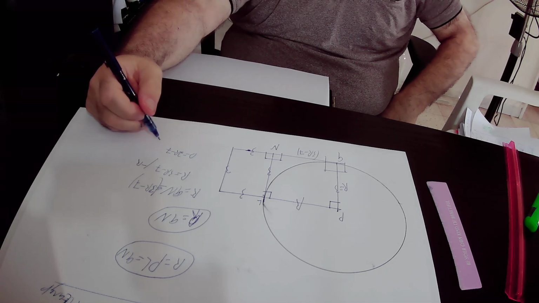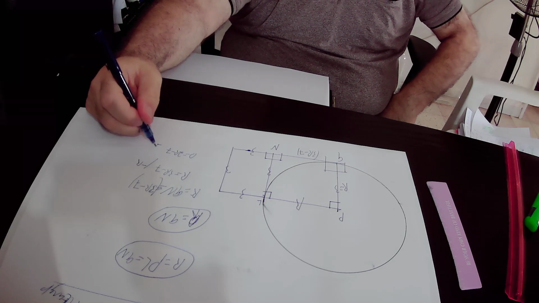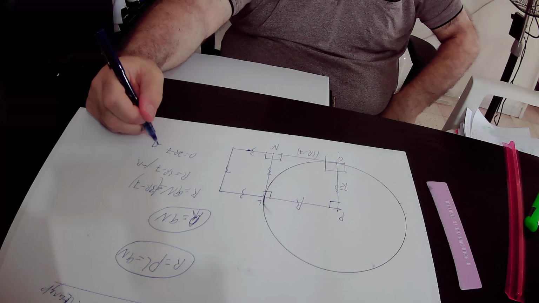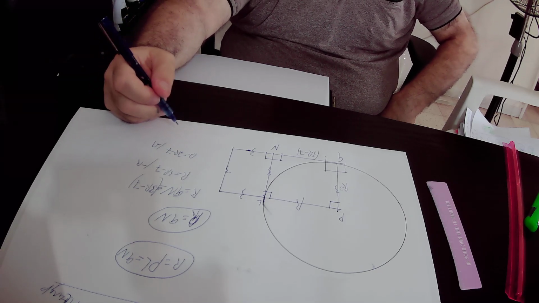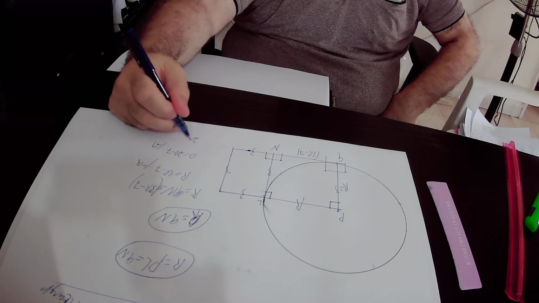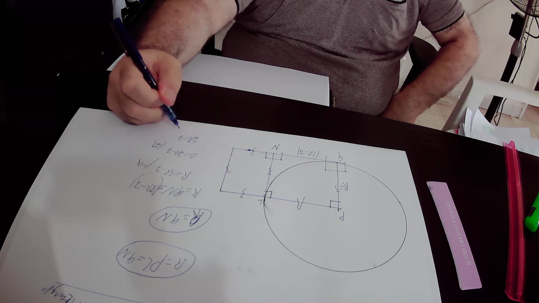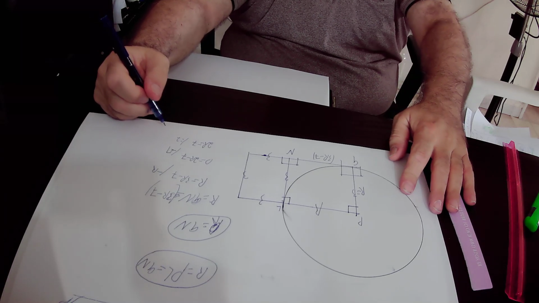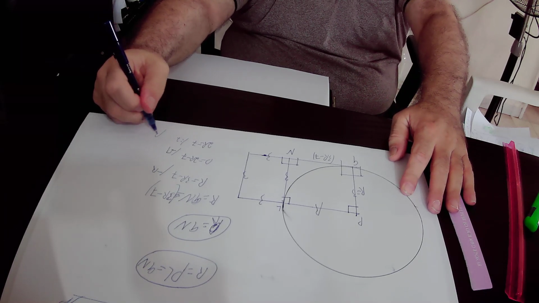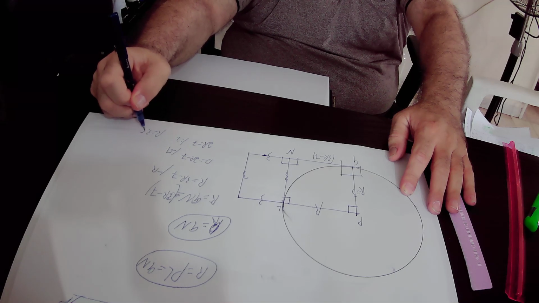We will add 7 to this equation, and we will get that 2R equals 7. We'll divide this equation by 2, and we'll get that R equals 3.5 units.